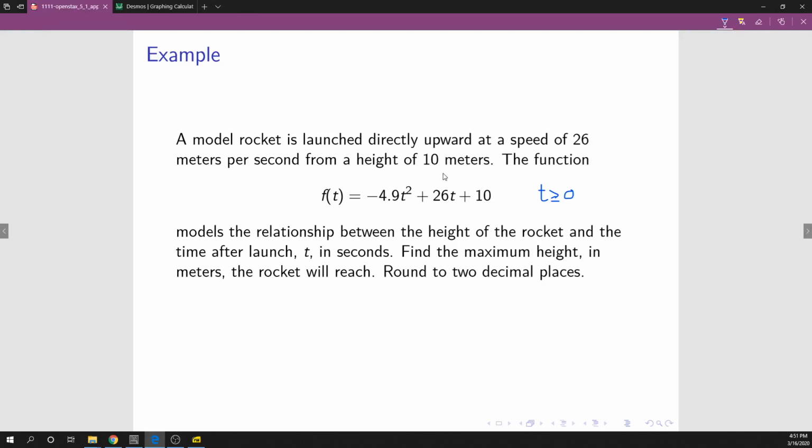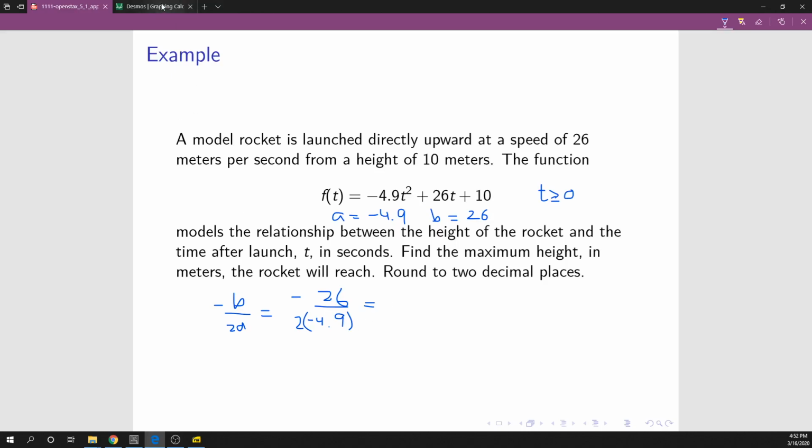All right, so we would do it just like we have done before. We would know that A is negative 4.9, B is 26, and we would know that minus B over 2A is minus 26 over 2 times negative 4.9.